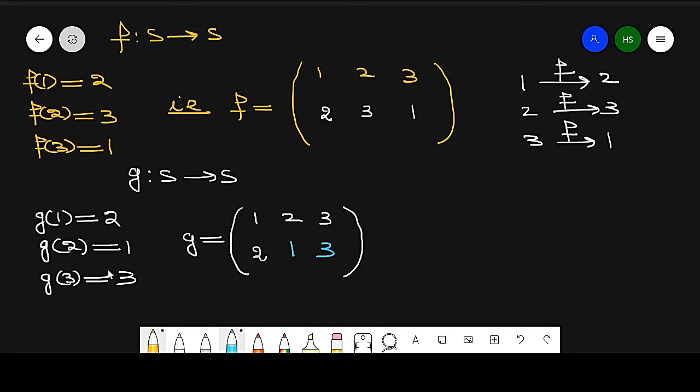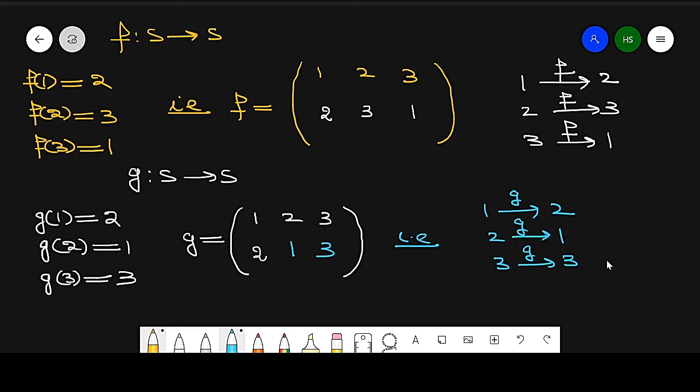If there is no image given, it goes to itself. So this is the second permutation.